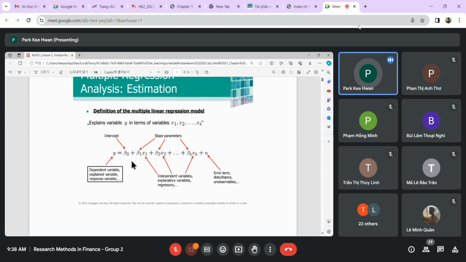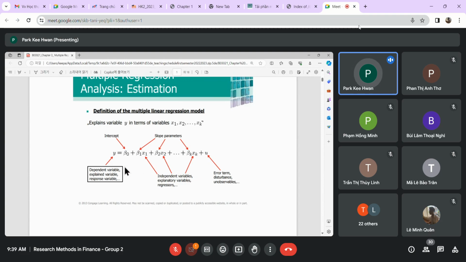And as you see, we have more than one explanatory variable, so that we call a multiple regression model.